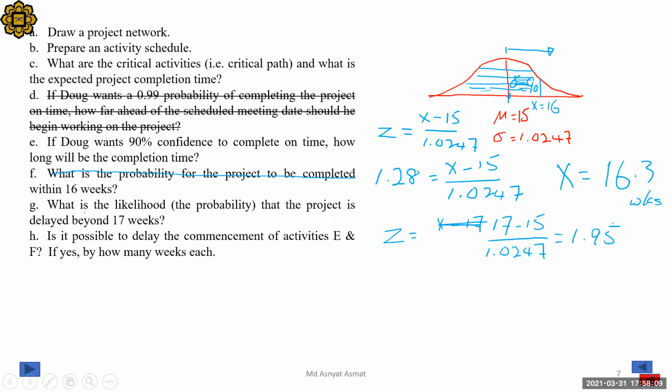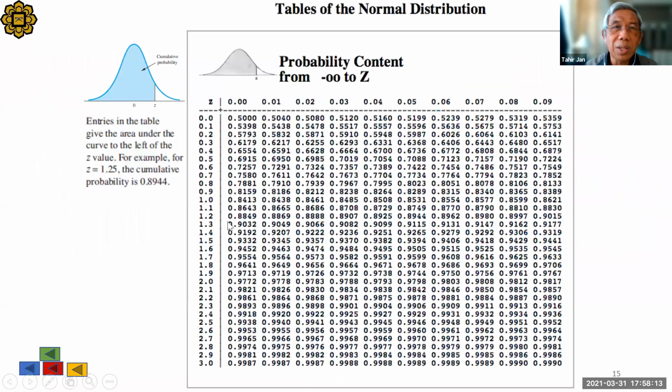Okay, let's look back at the table. 1.9, and then 0.05. The value is 0.9744.